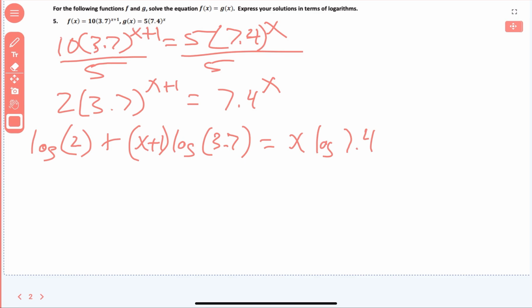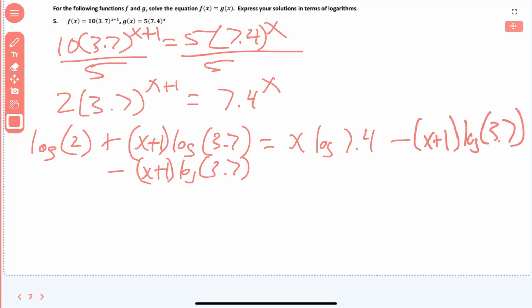Well, I would move my x's to the right. Since x is already on the right, I've got just an x log on the right side. Let's just go ahead and move it over there. So let's subtract this (x plus 1) log 3.7. If I subtract it over here, it leaves me with just log 2 on the other side.